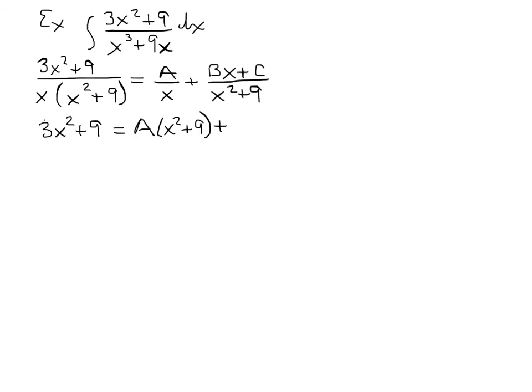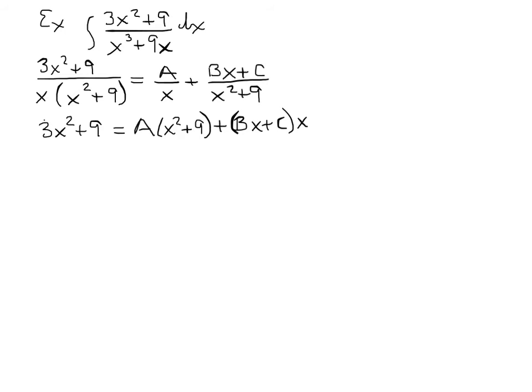And for the Bx plus C, the x squared plus 9 will cancel, and so that will be multiplied by x. I know I did this pretty quickly here. I definitely understand if you need to take an extra step of writing out some parentheses, writing out the multiplication, and looking at what cancels.